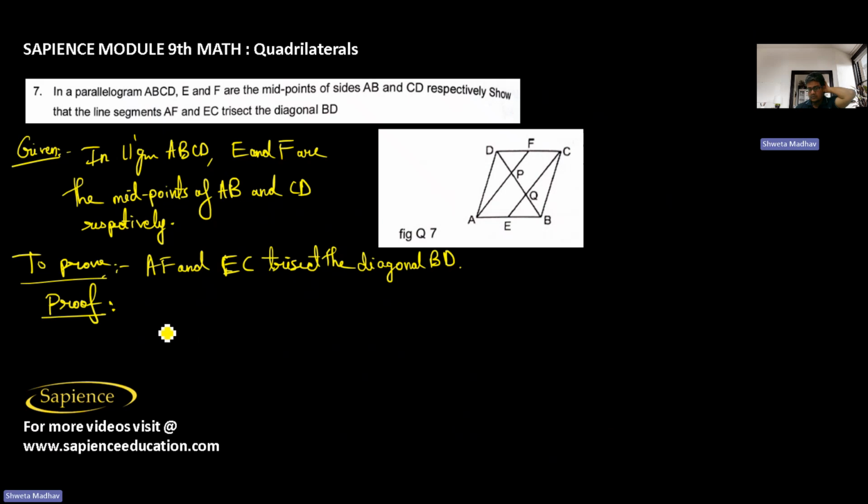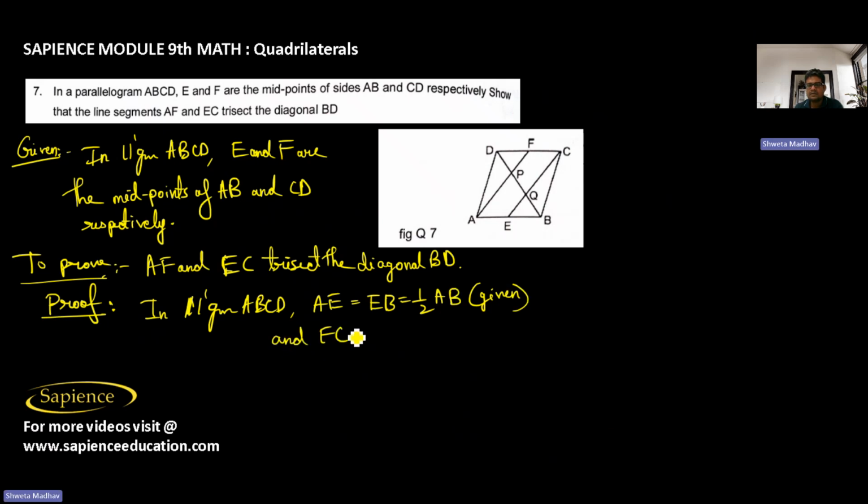Okay. So we'll say that in parallelogram ABCD, you can say that AE is equal to half of AB, since it is given that E is the midpoint of AB. And similarly, FC is equal to half of CD, which is given also, since F is the midpoint of CD, and obviously AB equals CD since the opposite sides of a parallelogram are equal.